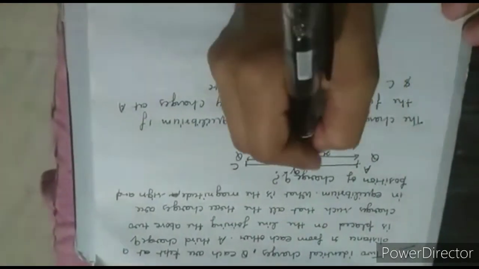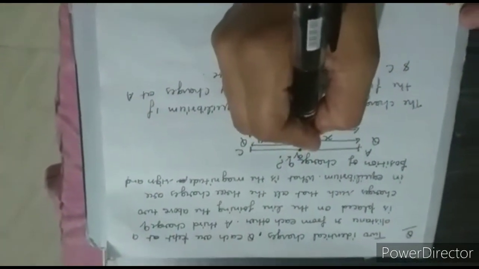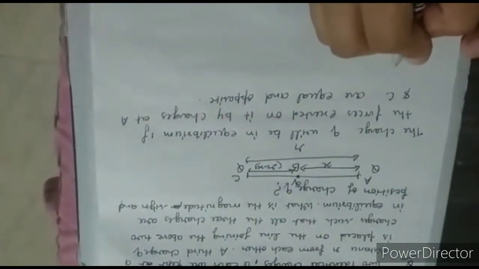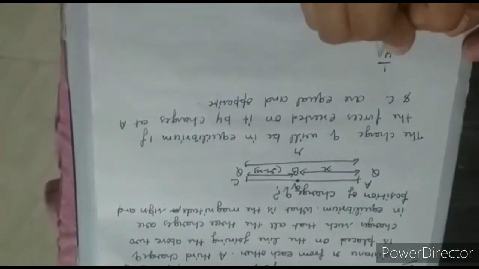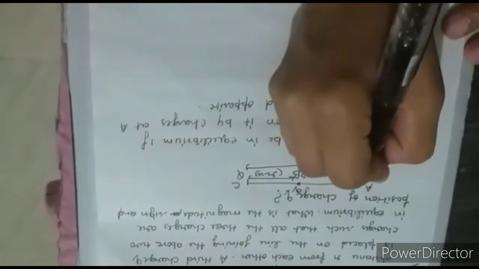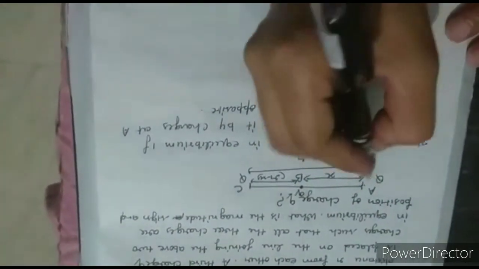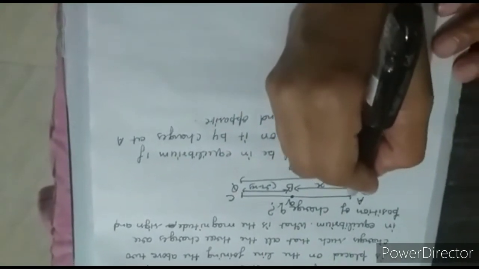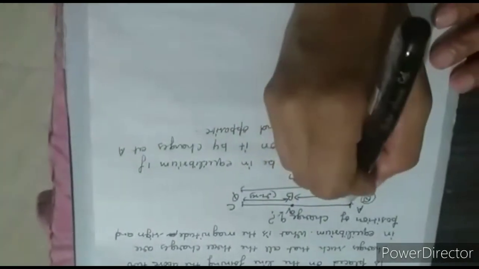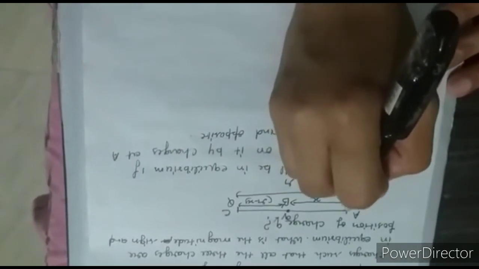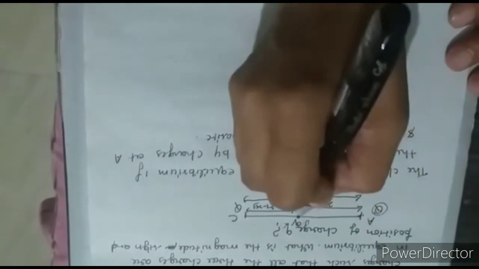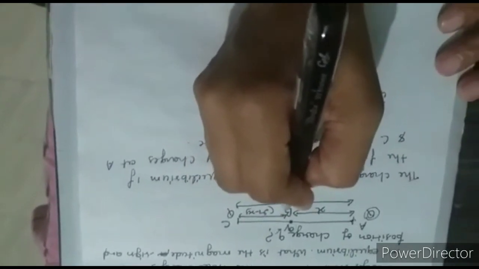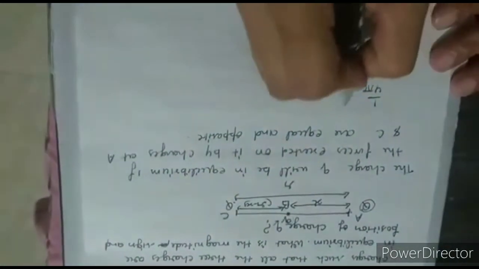That means the force acting on this charge q is 1/(4πε₀), and first of all I find the force acting on this charge due to the charge placed at point A. I am supposing that the distance between points A and B is x, then it is obvious that the distance between points B and C will be r − x.